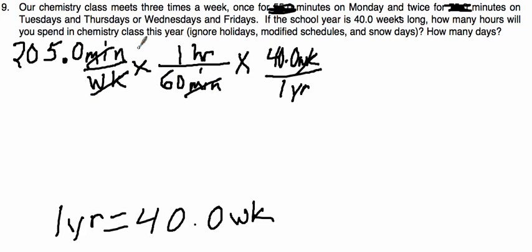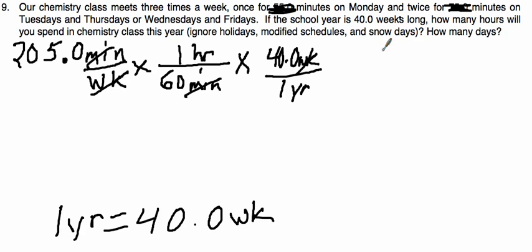Now we have quite a few numbers going on here. We have the 205, which is the overall minutes per week, and we're going to divide that by 60 and multiply it by 40. Everything on the top is multiplied, everything on the bottom is divided, and this is going to give us hours per year.